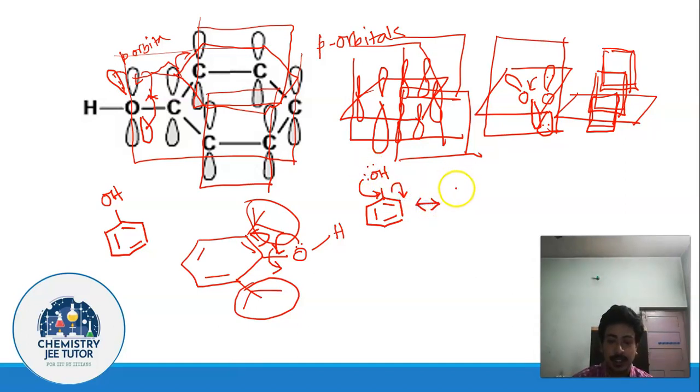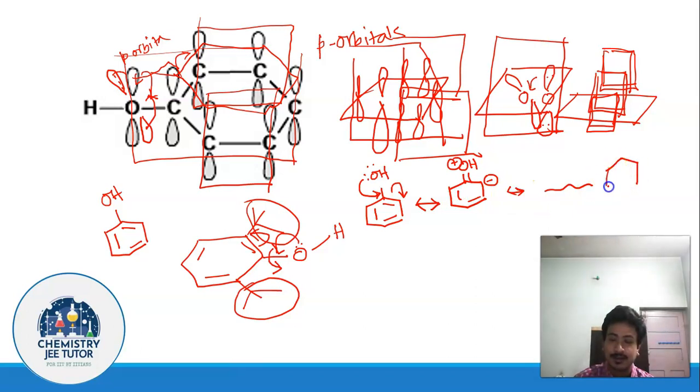So you are going to end up with structures like this, and so on, and the final structure is going to look like this. As you can understand, out of these 5 resonating structures, 2 I haven't drawn.